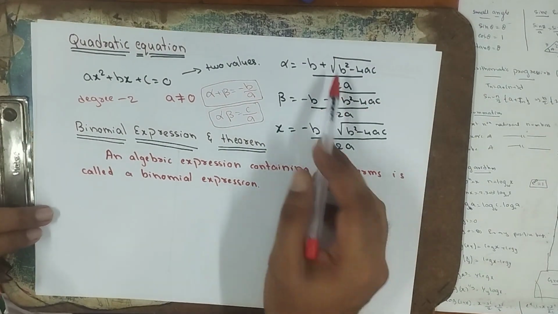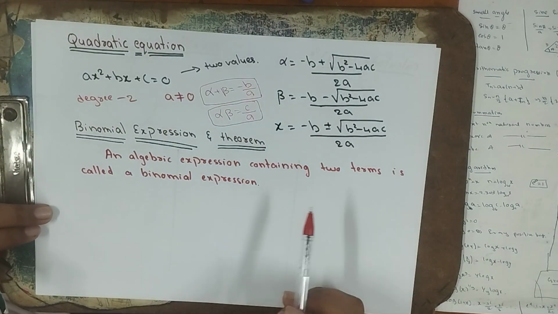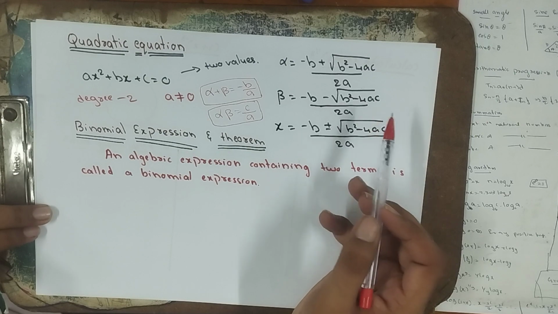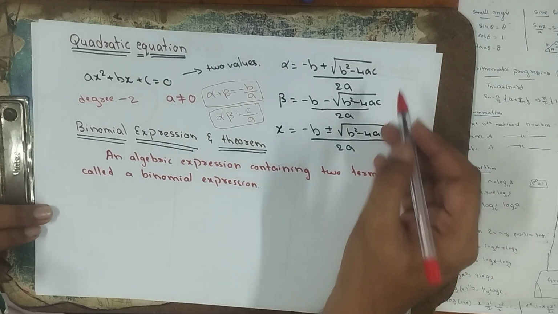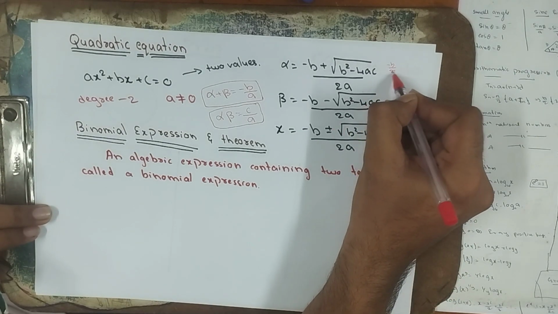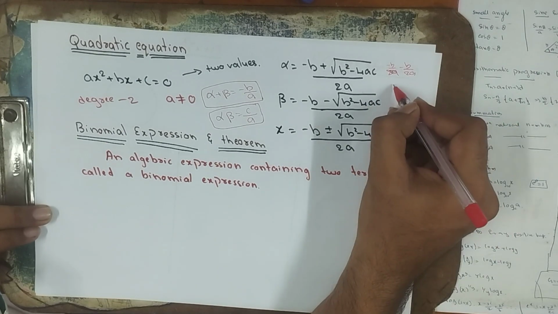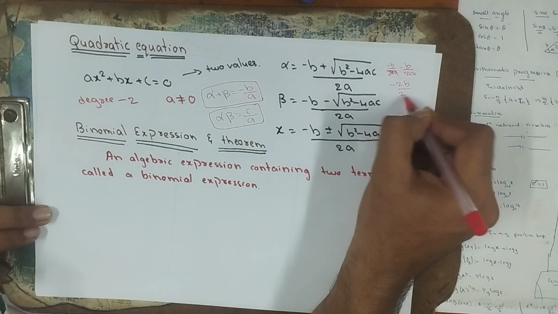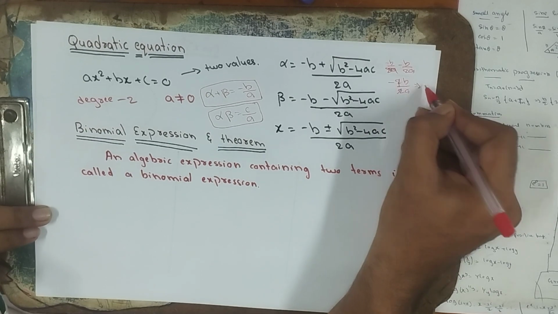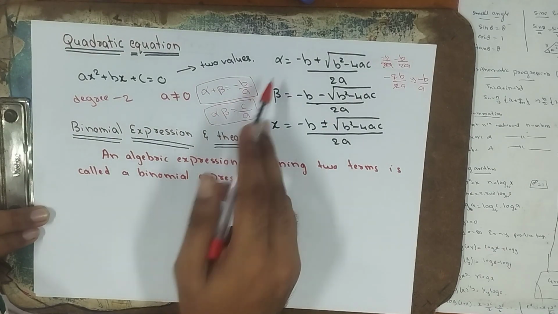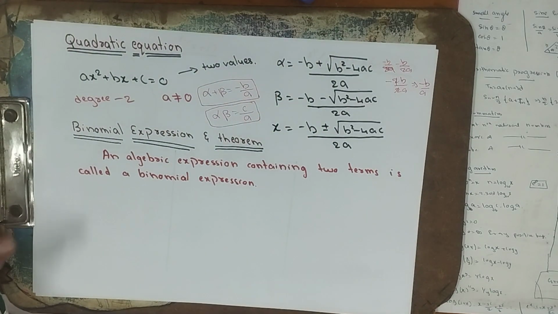See, in this equation itself, when you add, the square root terms get cancelled. Now what remains is minus b by 2a, twice, so it becomes minus 2 times b by 2a. The 2 gets cancelled, and we get minus b by a. Like that only, if you multiply both, then also you will get c by a.